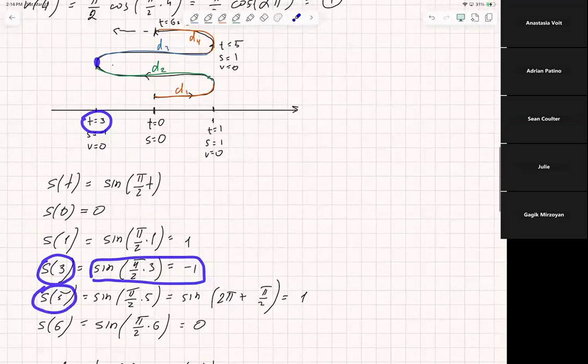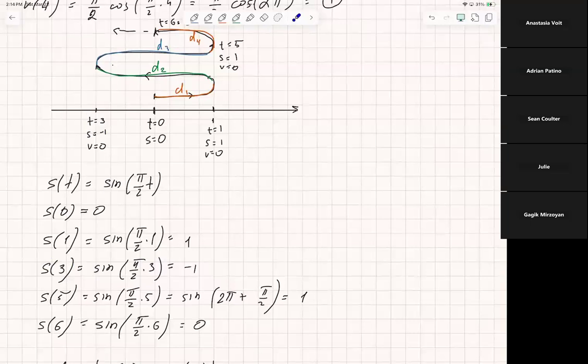Then S of 5, that's going to be sine of 5 pi over 2, which is the same thing as sine of 2 pi plus pi over 2. And we know that sine of 2 pi, that's 0, right? So when you apply that formula, remember the sine of alpha plus beta is sine alpha cosine beta plus sine beta cosine alpha.